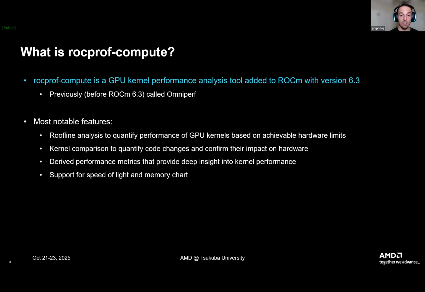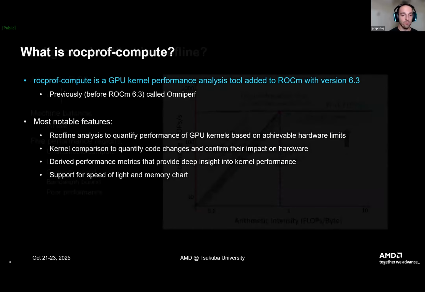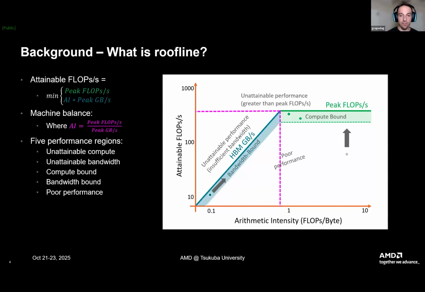You can compare two different implementations of your kernel head to head and see what changed in performance. You can get a lot of performance metrics, and you also have support for speed of light and memory chart. Okay, starting from the beginning, we should briefly talk about what a roofline is.